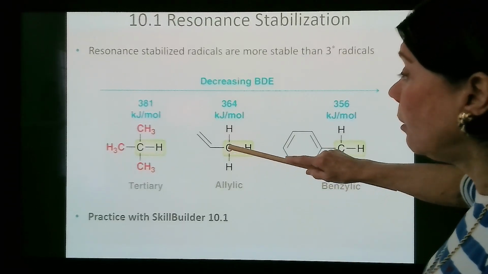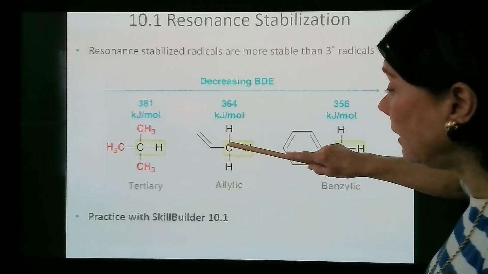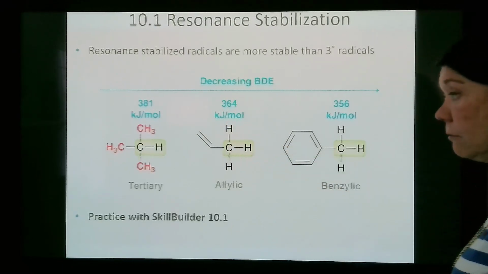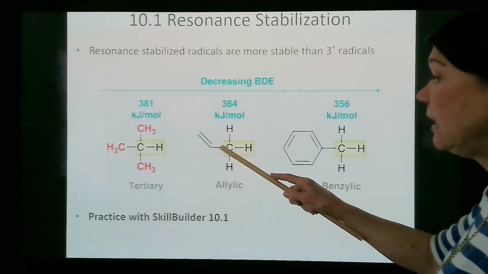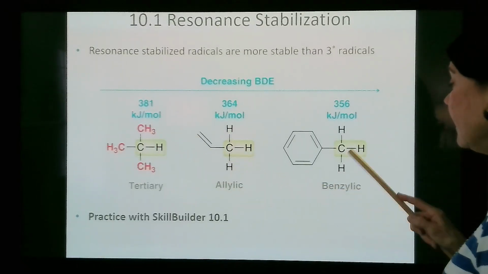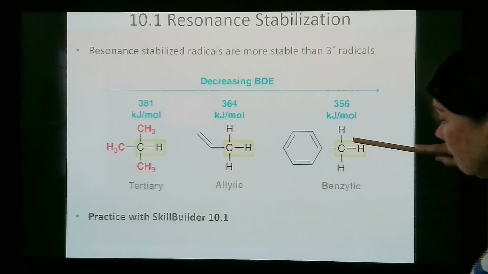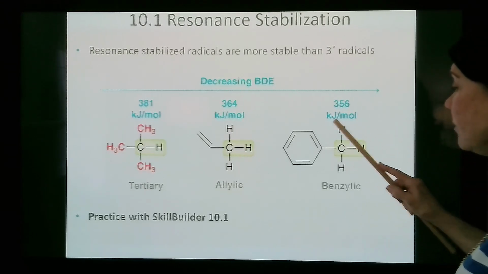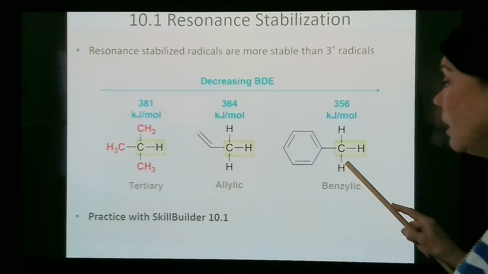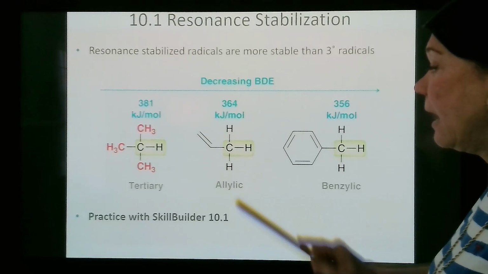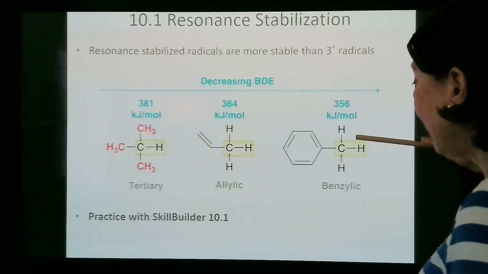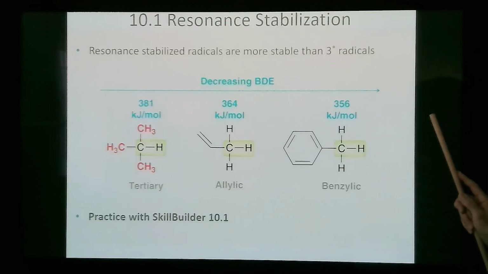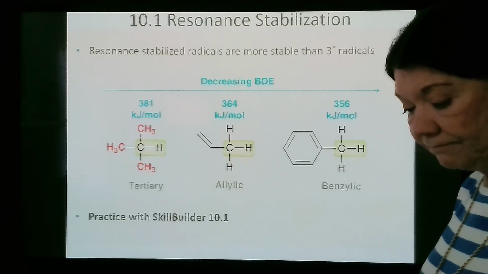But if you break the bond to lead to the allylic radical, it's even less energy required. And so that means this is indeed more stable than that. And so the radical that would form by breaking this bond here takes still less energy. And so that tells you that the benzylic radical is even more stable than the allylic radical because less energy is required to break the CH bond to lead to that radical.